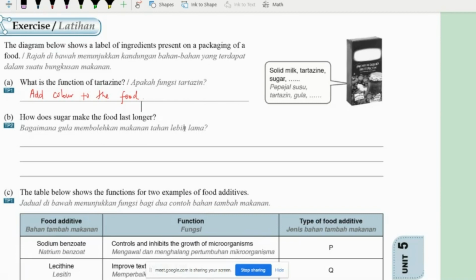You cannot find the answer? How about Michelle? Did you write something? How can the sugar make the food last longer here? Michelle, did you write something?